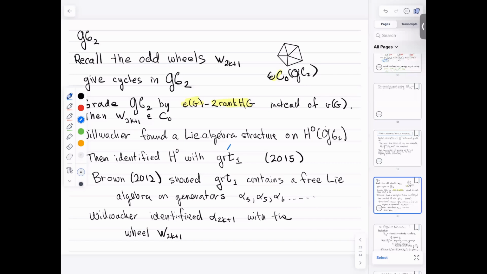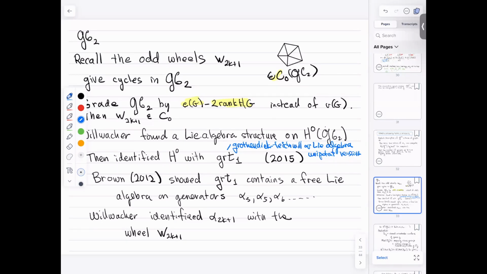This is the Grothendieck-Teichmüller Lie algebra. I forget what the 1 means. Maybe it's a unipotent version. I don't know. It's a Lie algebra. It's an infinite dimensional Lie algebra, and he identified H0 with this Lie algebra.